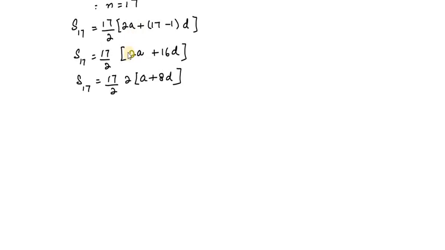Okay. S17 is equal to, 2 will be cancelled with this 2, 17, and the value of a plus 8d is equal to 5 in equation number 1. Equation number 1 implies a plus 8d is equal to 5. So we put the value of a plus 8d as 5.